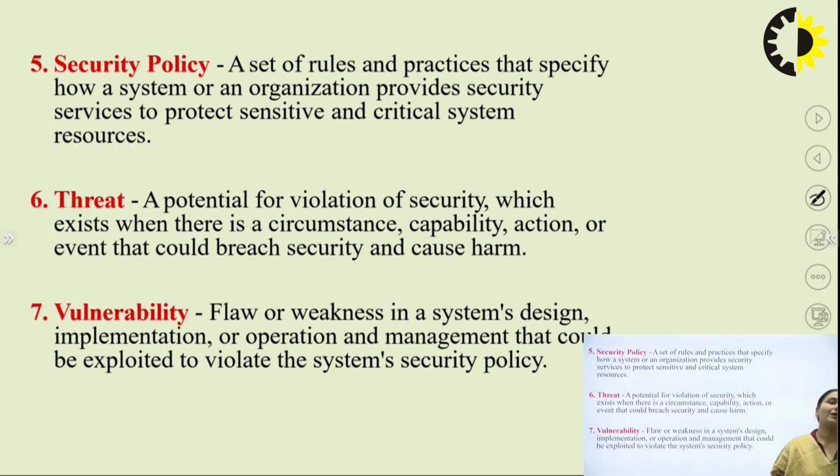Now, what are security policies? They are basically the set of rules and practices which specify how a system or an organization provides security services to protect sensitive and critical system resources. We are quite interested in protecting information which is sensitive, and information of a critical system, right? So what are the policies that we are making?